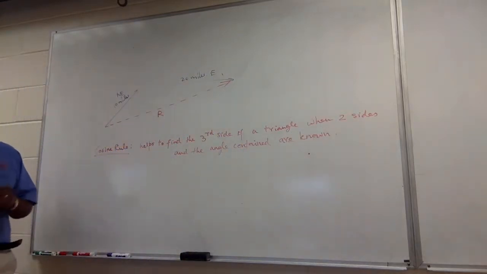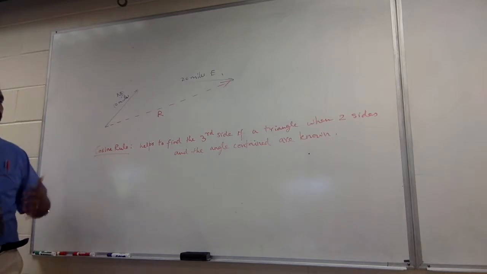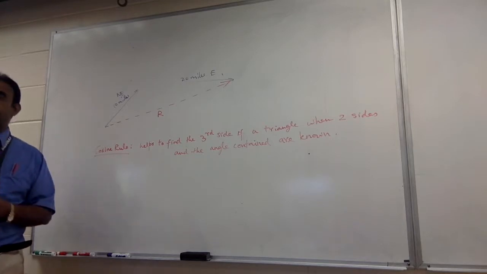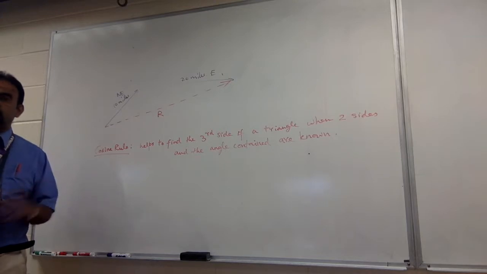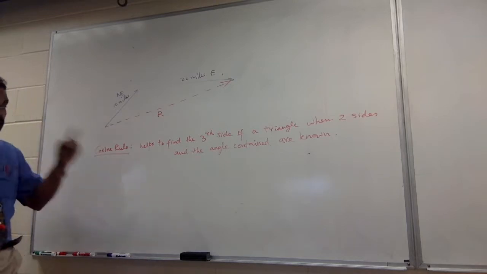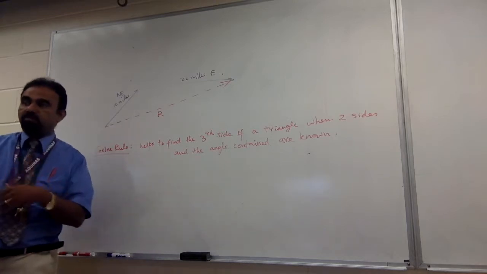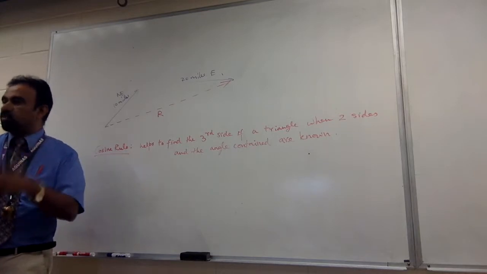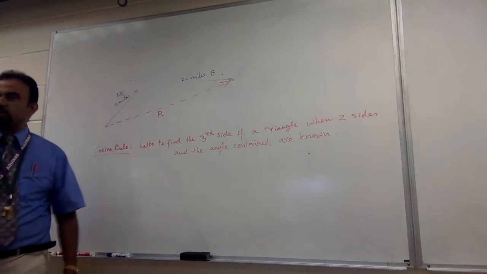When the two sides and the angle contained are known, then you can discover the third side of a triangle. This has nothing to do with vectors, okay? This is a mathematical tool that you can always use for anything. I mean, if you're stuck in geometry, you don't know how to find the third side, you can use this rule.